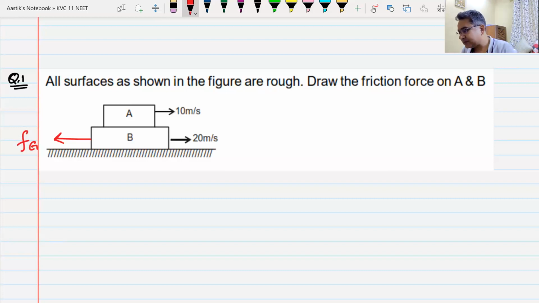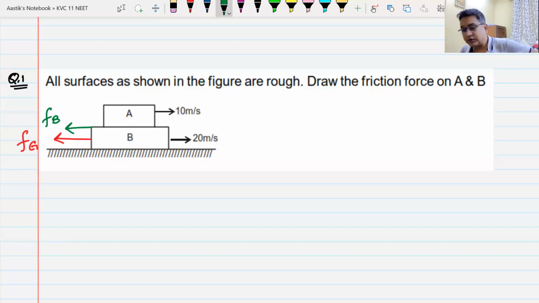Body B is moving in the forward direction with respect to body A, yes or no? Therefore, body B will apply frictional force in the opposite direction. This is the frictional force between the two bodies. I am calling it FB.